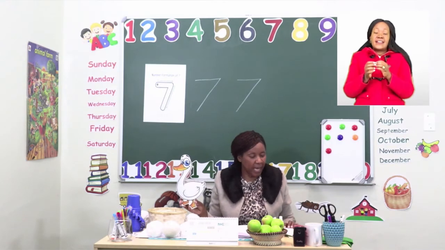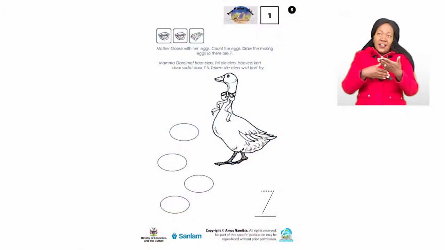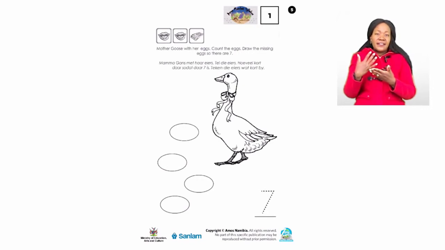Now let's look at page 5 of our booklet once more. Mother Goose with her eggs. Count the eggs that you see in the picture on page 5. Let's count together. 1, 2, 3, 4.